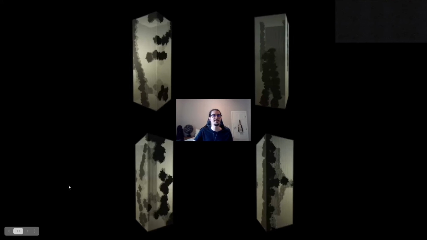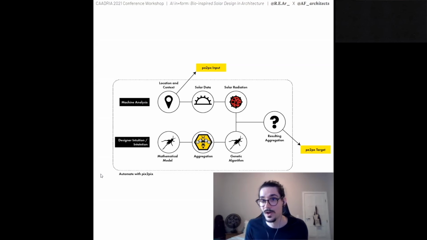Just to wrap it up, this brings us to our pipeline that we are developing. What we want to do is start from a local context, and use this location data, with the solar data associated with this geographical location, to do a solar radiation analysis.